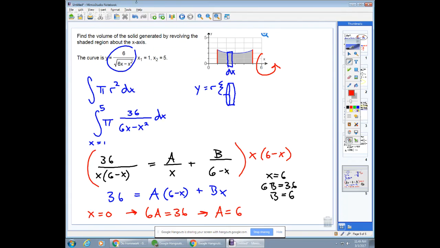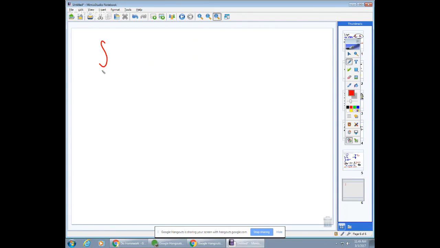Okay, so rewriting, we now have, let's see, new page. The integral as x goes from 1 to 5. I'm going to pull the pi out. My radius squared is now the sum of those two fractions, so 6 over x.